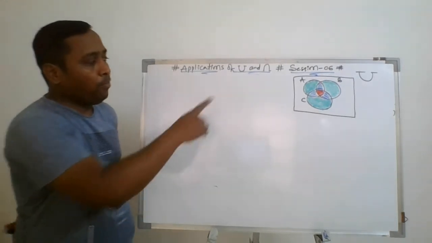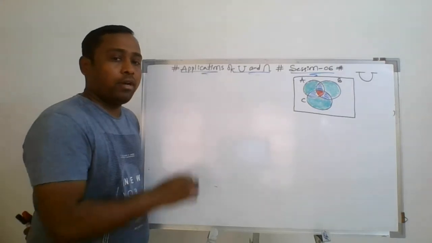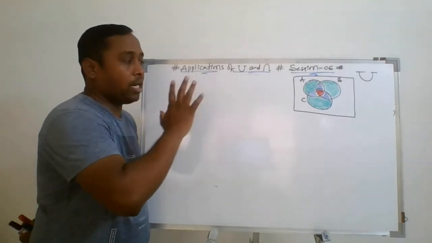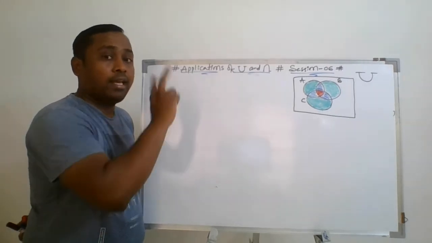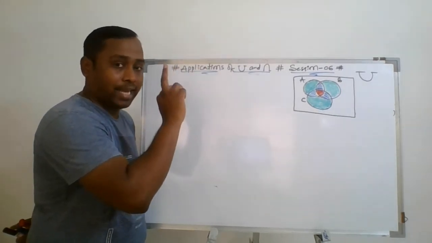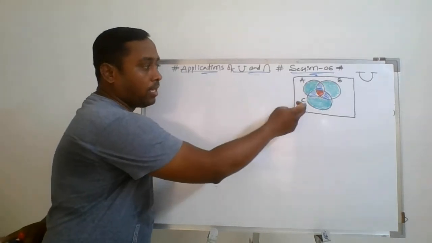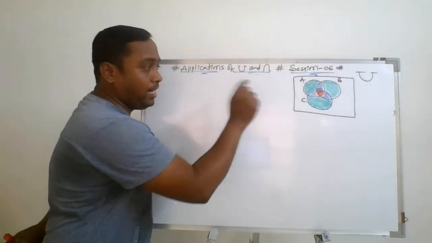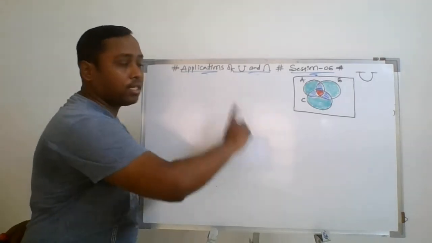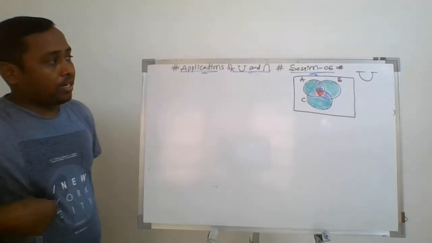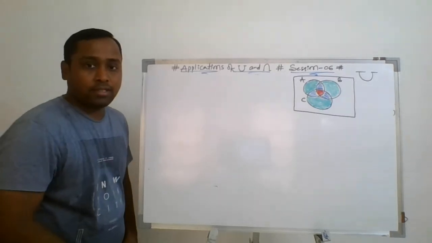The green portion represents only A, only B and only C. The blue portion represents only A and B, A and C, and B and C. The red portion represents the common area of all the three sets, and the rectangle represents the universal set.